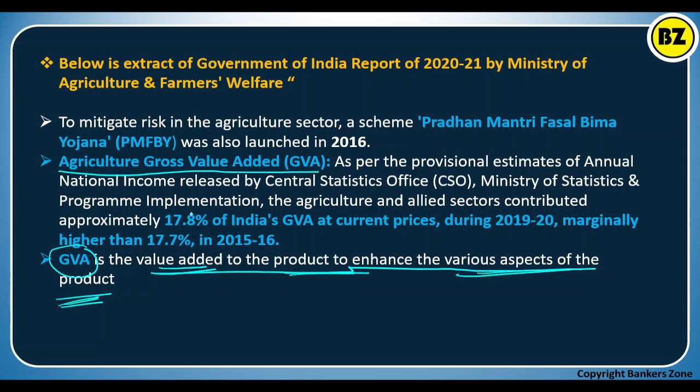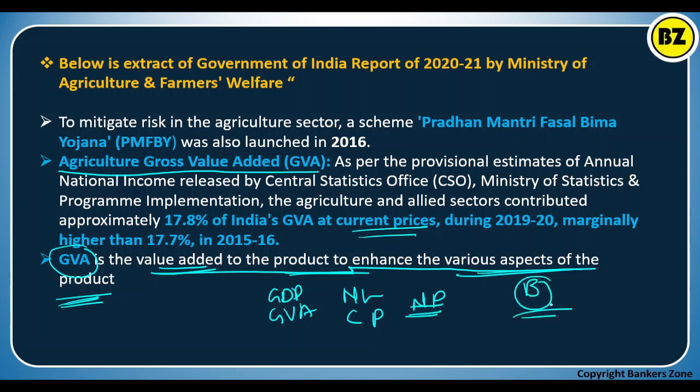Now see, here you simply see what a GDP is, what a GVA is, right? What is nominal GDP, what is GDP at current prices, GDP at nominal prices, that we are going to discuss in module B. Okay, in detail we have those concepts. So here, for reference, you just go to the figures.